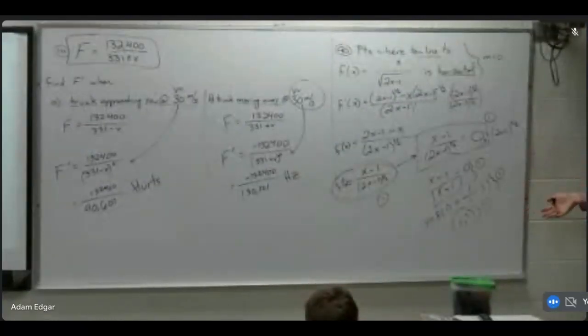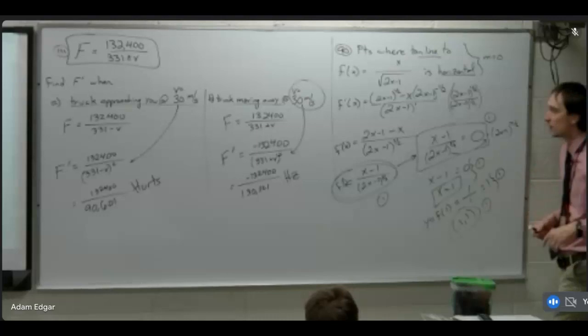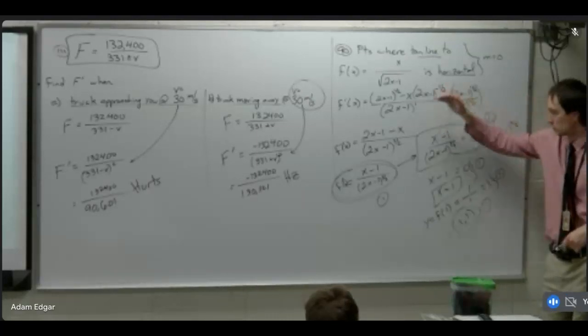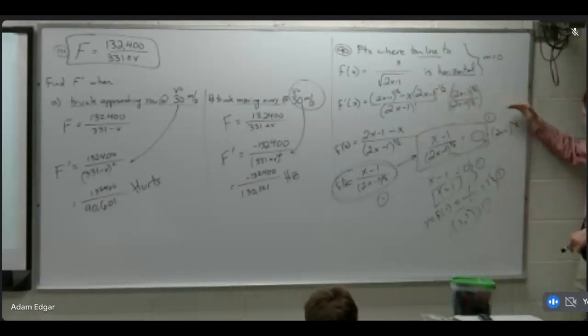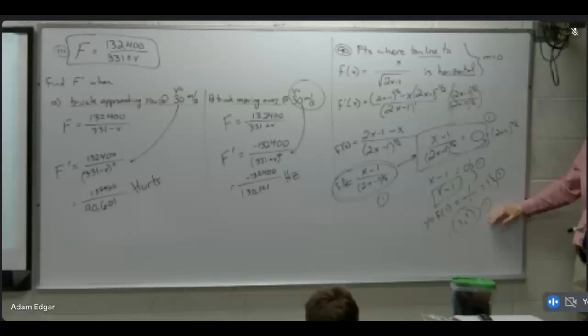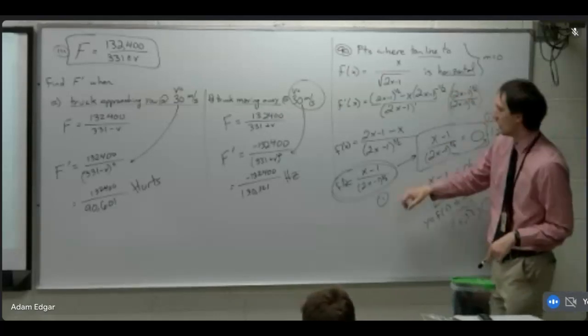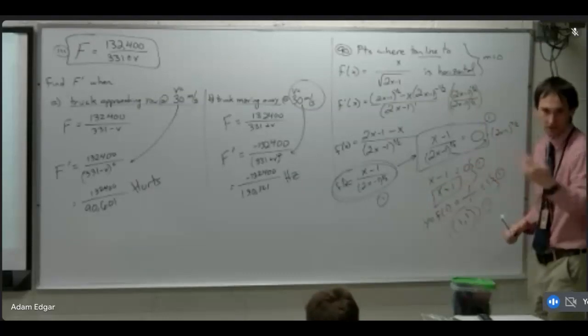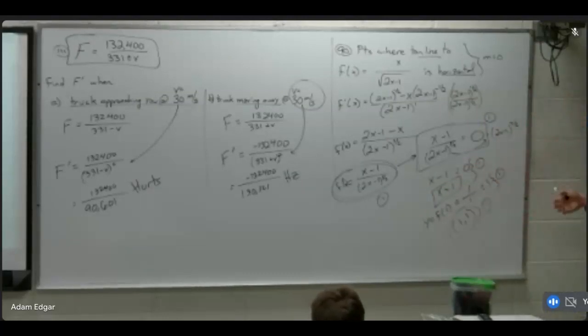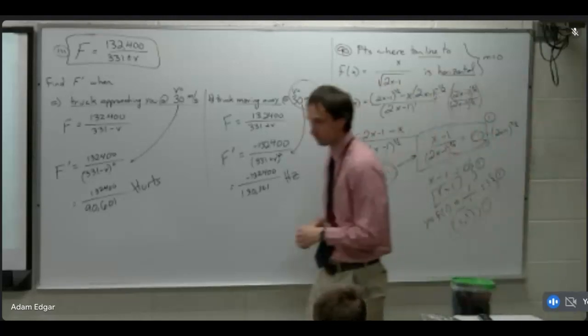They don't see your work for the multiple choice, and they don't care. If the answer was supposed to be D, I don't care that this person just randomly guessed D. He gets the credit for that problem. So you show that you know what you're doing. If you luck into the right answer, you get that point. You're probably going to make a mistake somewhere else where you'll lose a point. But you get that point for having the right answer. So that's how I'm looking to grade things.